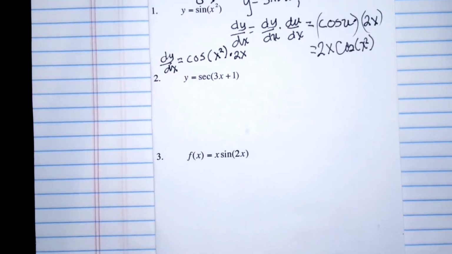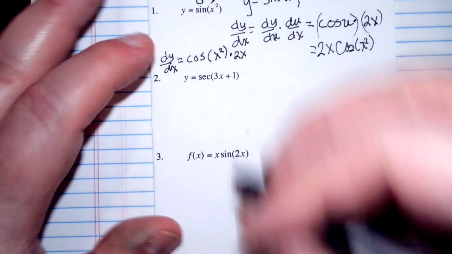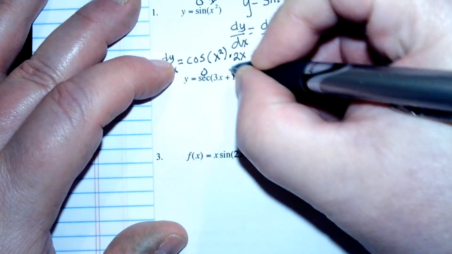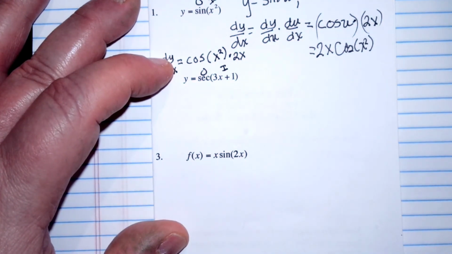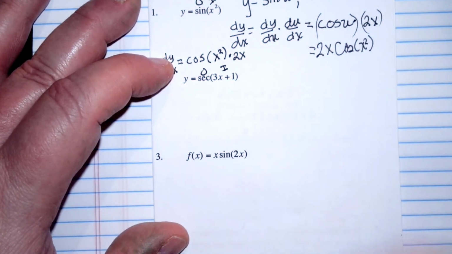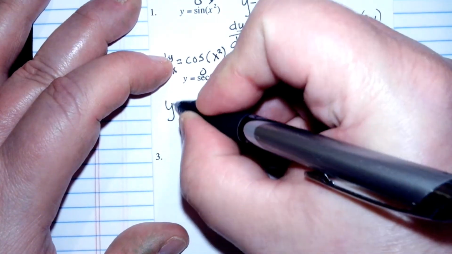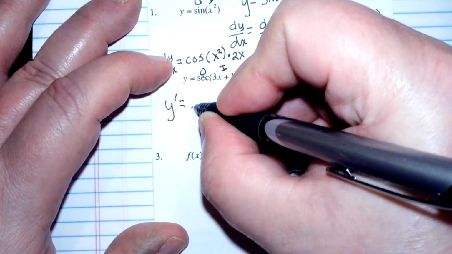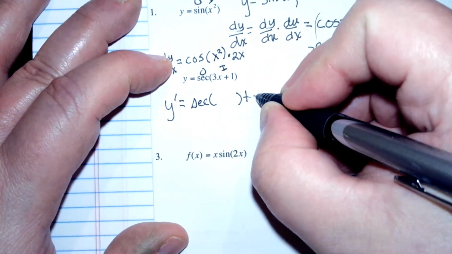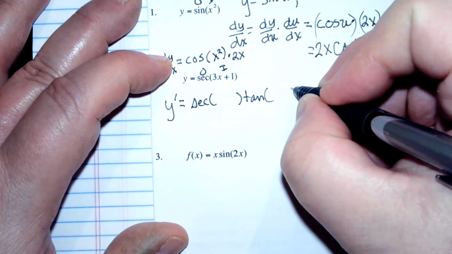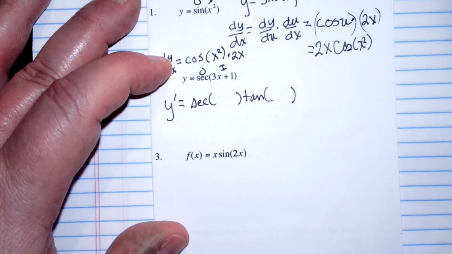In number 2, we've got y equals the secant of 3x plus 1. So the outside function is the secant and the inside function is 3x plus 1. So we want the derivative of the outside function. Well, I hope you remember what the derivative of the secant is. It's the secant times the tangent.